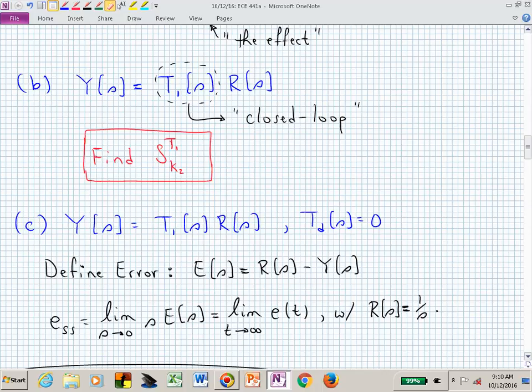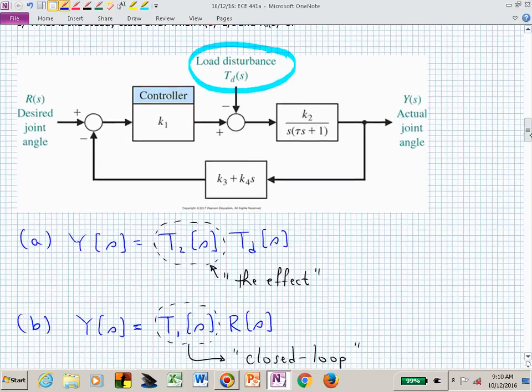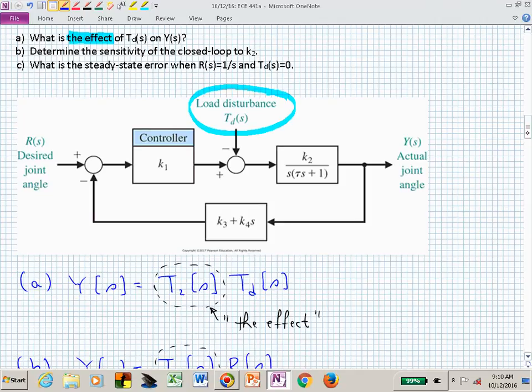Question? Is there a general rule for the error? I wish there was, but you just have to understand what's being asked, and I'm telling you now what to assume. In this case, the error, it's not really laid down in step C. It just says the steady state error, and so you could maybe call that anything, but let's assume to be consistent that that's the difference between where you want this angle and where the angle actually ends up.